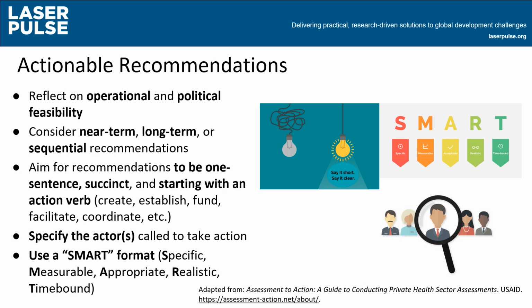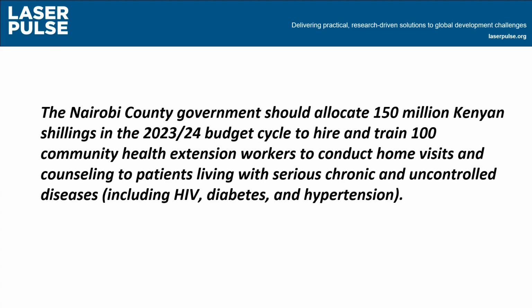Consider this example of a recommendation. The Nairobi County government should allocate 150 million Kenyan shillings in the 2023-24 budget cycle to hire and train 100 community health extension workers to conduct home visits and counseling to patients living with serious chronic and uncontrolled diseases.